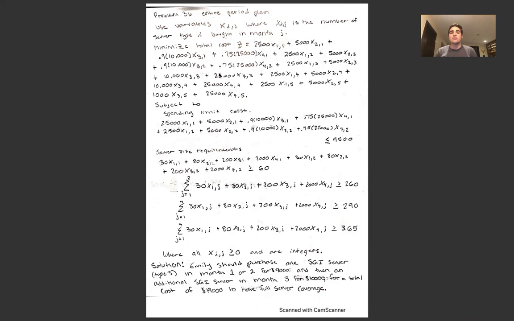Now, in terms of the constraints, we first have the spending limit constraint. Here we can properly account for everything in the first 2 months being less than or equal to $9,500. And then we also have the server size requirements, which enable us to think about not only if there's residual room in a server purchase, but also how the model is going to know if there is need down the road that we can satisfy early on, in particular with respect to taking advantage of those discounts.